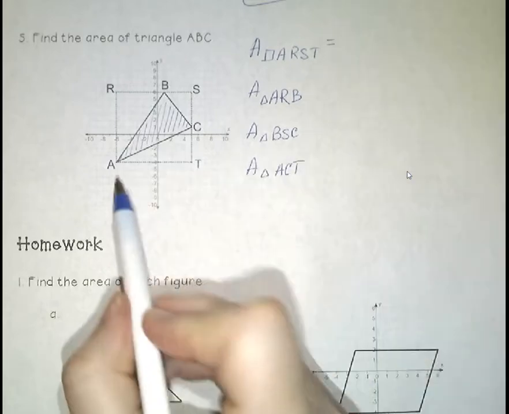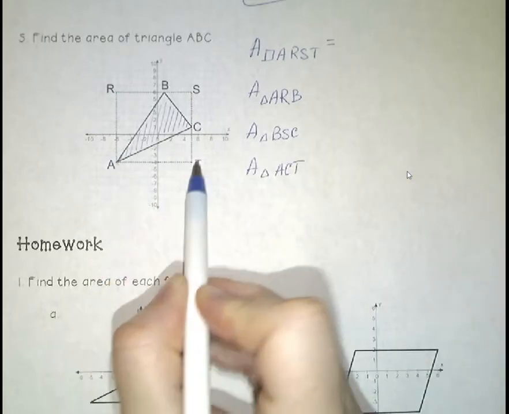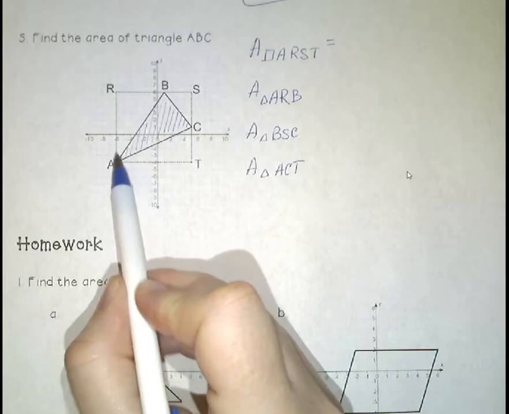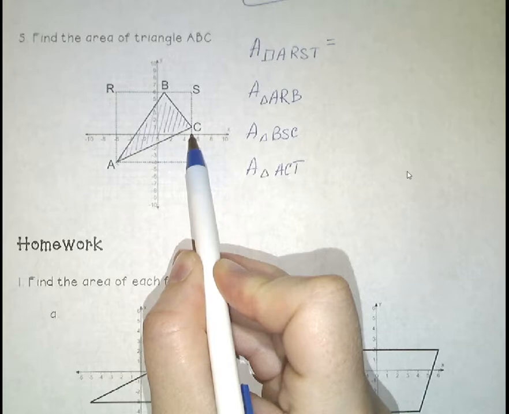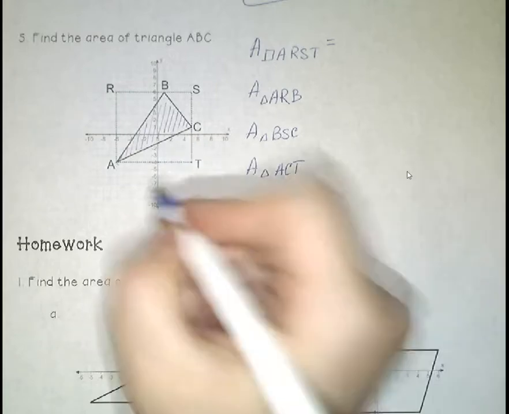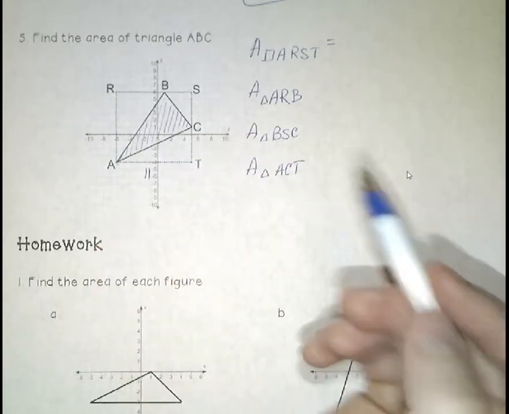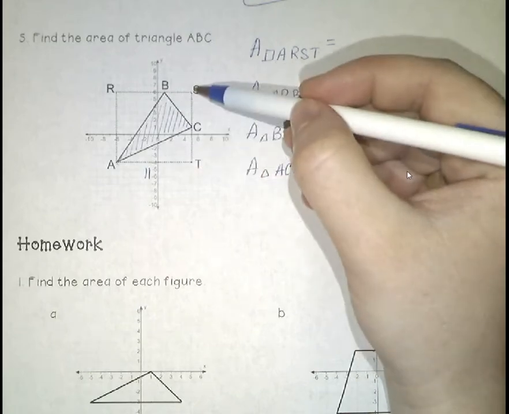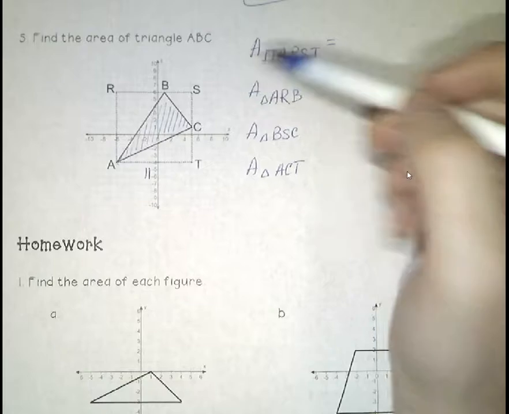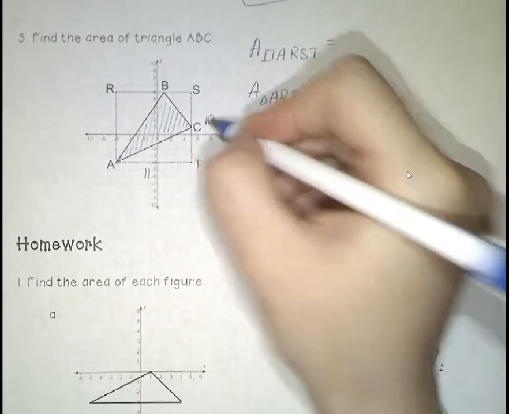So how many units is the length and the width of our square? It goes from -6 to 5. From -6 to 5 is 11 units. So it's 11 units long. And on the y-axis, it goes from -4 to 6. Oh, it's not a square, it's actually a rectangle. It's 10 units.